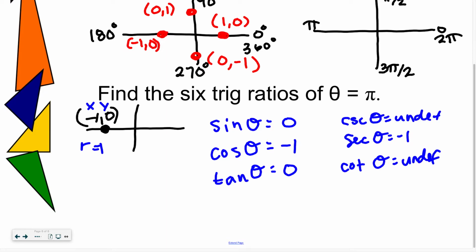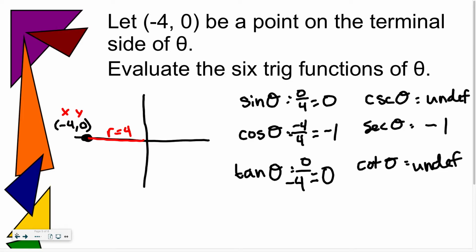Okay, so I'm going to do a quick flip back here. Back one slide. Think about if your point negative 4, 0 is on your terminal side. Here's my initial side. Here's my terminal side. What's that angle? 180 or pi.